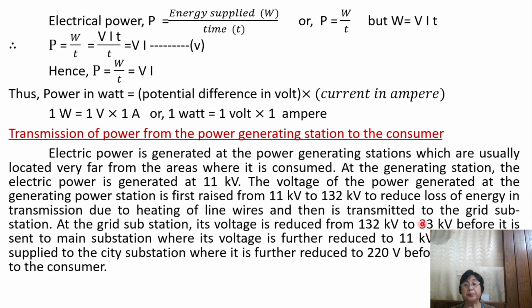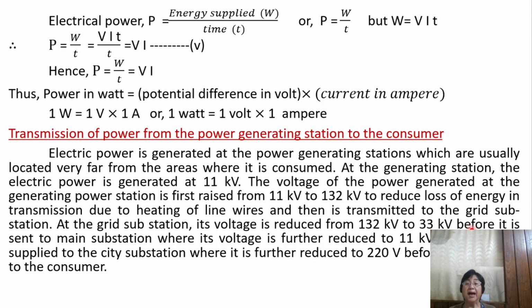Why? Because big industries and big factories will need this voltage in order to operate the big machines. So it will first be reduced from here, where the big industries and the big factories will take this voltage.